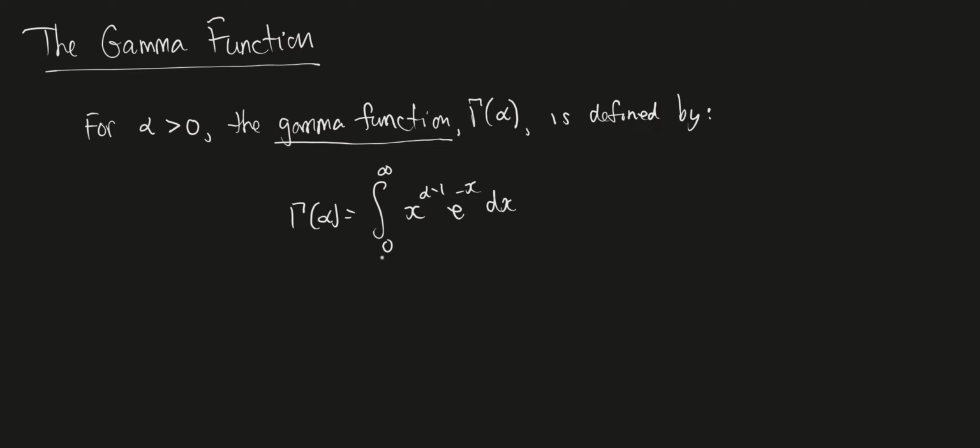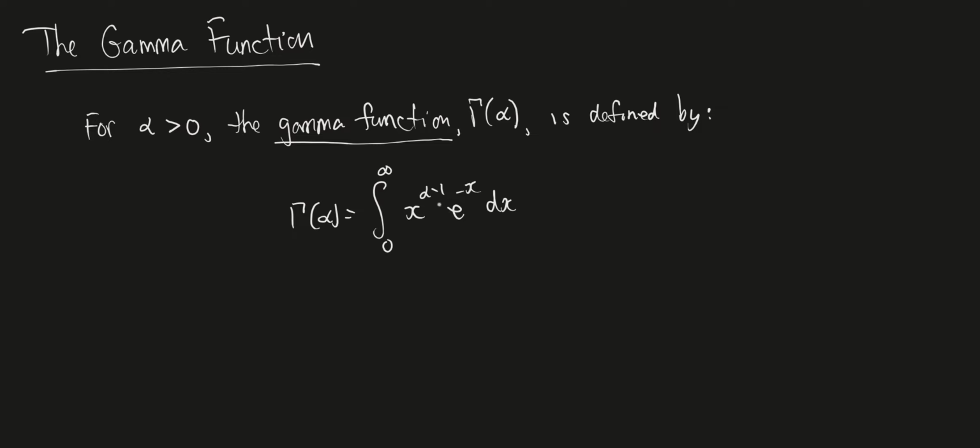Now, it turns out that this improper integral, it can be shown, will always converge. For alpha greater than 0, this improper integral will converge. But we're not going to really talk about the convergence of it, but we want to be able to evaluate this.